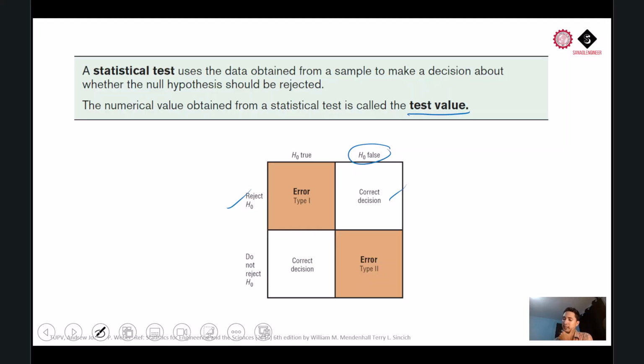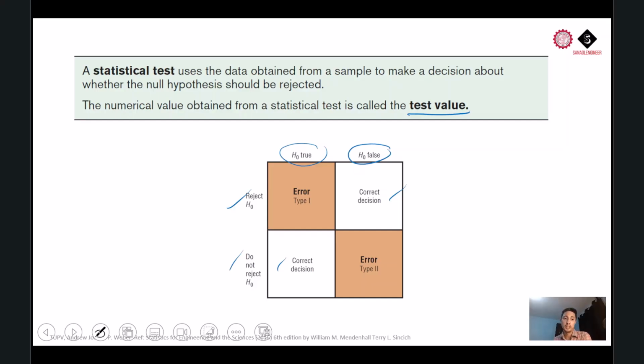Another right decision is that the null hypothesis is true, and you did not reject, or you failed to reject, the null hypothesis. So that decision is still correct.